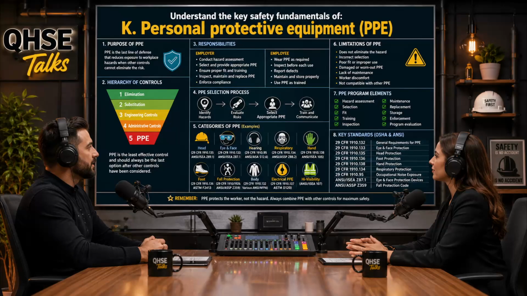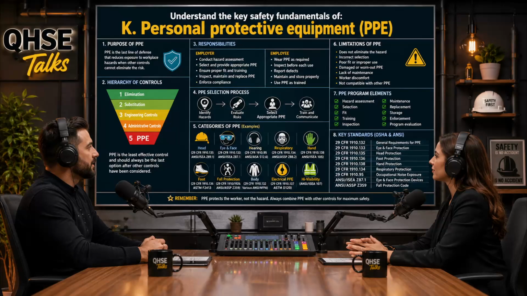And that reality slams us directly into the most volatile element of this entire discussion: human behavior, fit, and training. The human element, always the hardest part to engineer. We can calculate the tensile strength of Kevlar all day, but humans aren't mathematical constants. We are dealing with fatigue, comfort, psychology, physical variation. And the regulations attempt to wrangle this chaos by mandating highly specific training criteria. Right. Before an employee is allowed to touch a piece of PPE, they must be trained on 5 critical pillars.